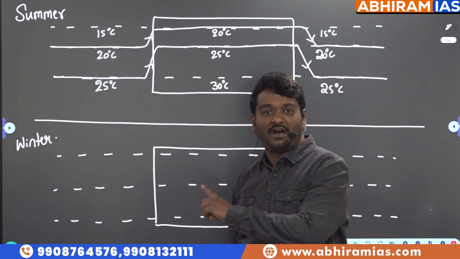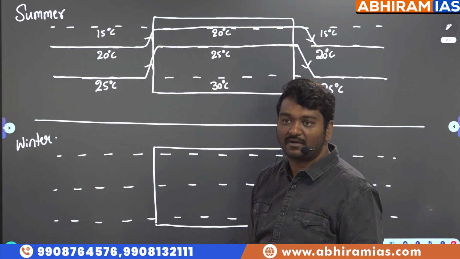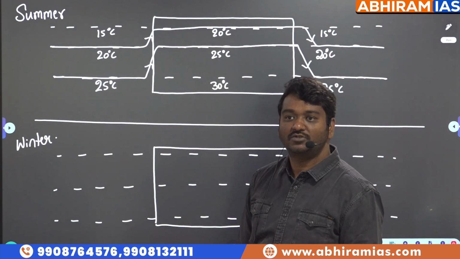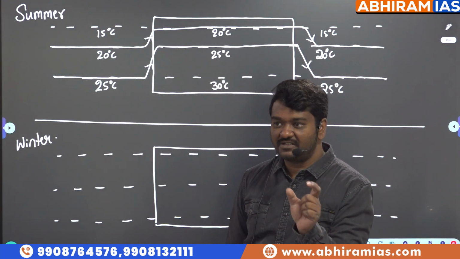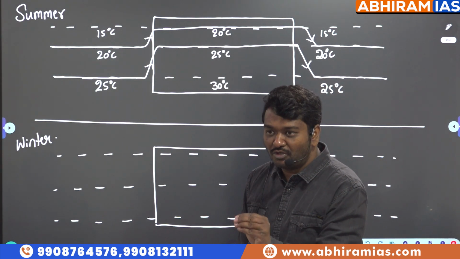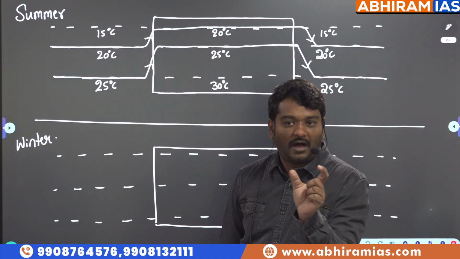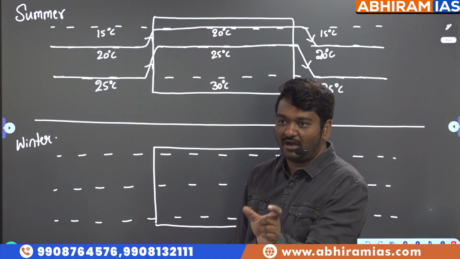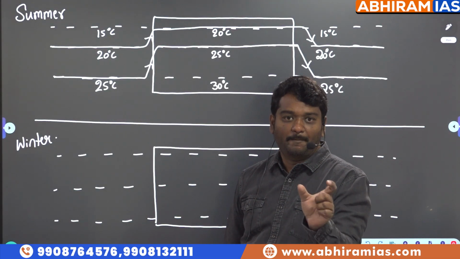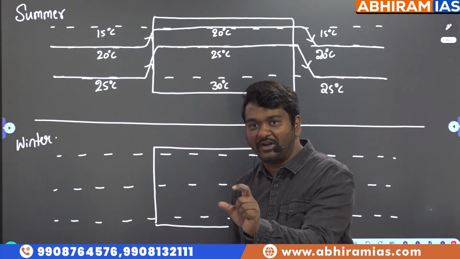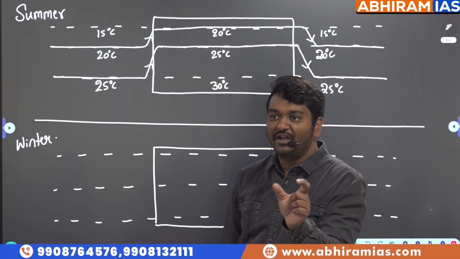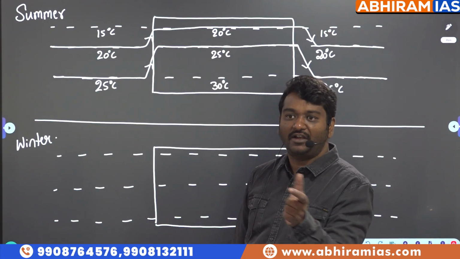Which month are we talking about? Summer. June 21st is the date. But according to the elliptical orbit, Earth is closer to the Sun and Earth is far from the Sun based not on June 21st and December 22nd, but on July and January.